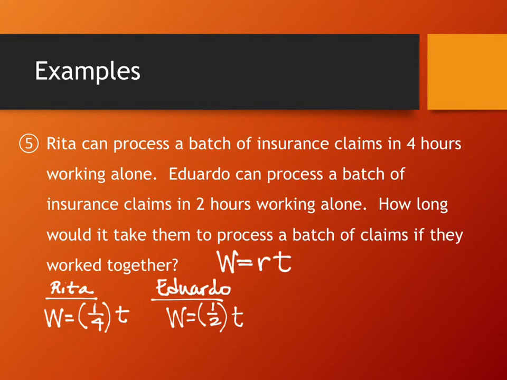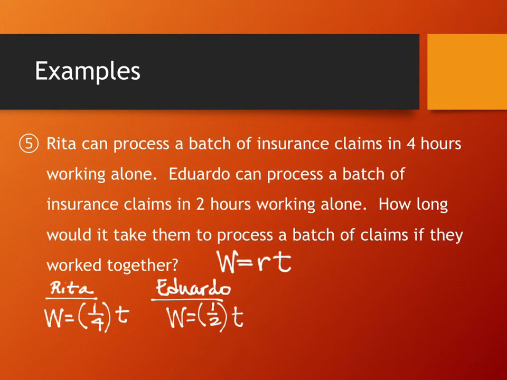So these are their individual rates of work. If they work for 1 hour, this one gets 1/4 of the job done, this one gets 1/2 of the job done. The answer's got to be more than 1 and less than 2, doesn't it? Yeah, because if I put the number 1 in, 1/4 plus 1/2 is not quite the whole job done.